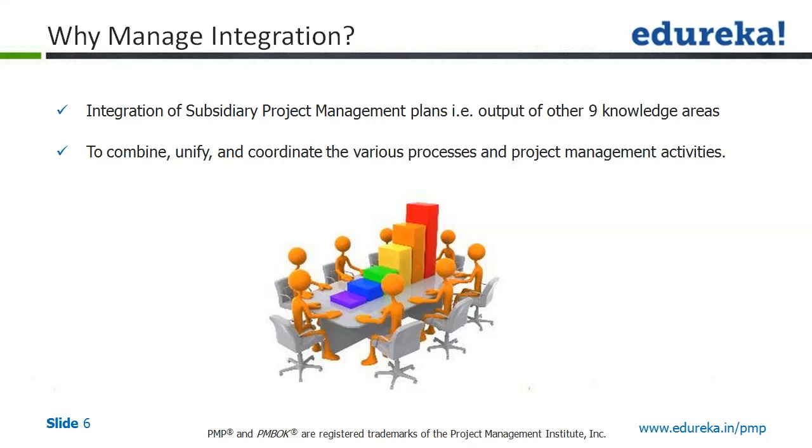Most of the processes that fall after integration have their plans fed as an input to the project integration area, and that is where we talk about integration. Examples are the risk management plan, the procurement plan or the communications management plan. These are known as subsidiary project management plans.